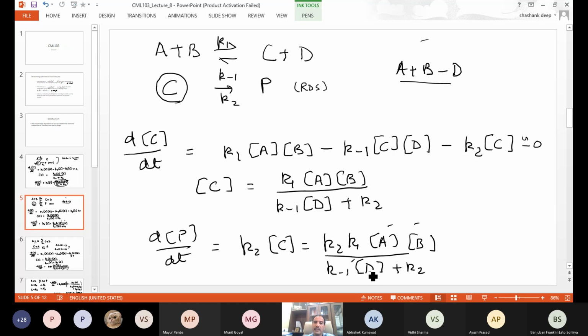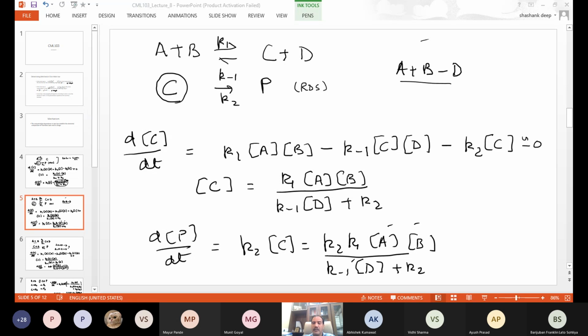So this D is not a reactant. D is a product. It is also not an intermediate. It is not involved in here. So D is a product, and so it must have formed one step prior to the rate determining step. Is this clear? Any question here?